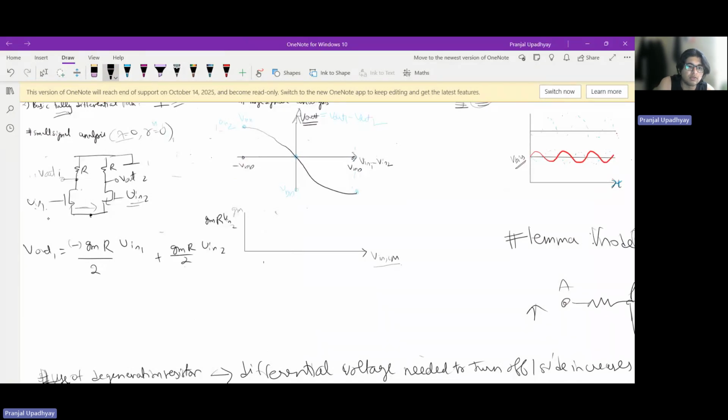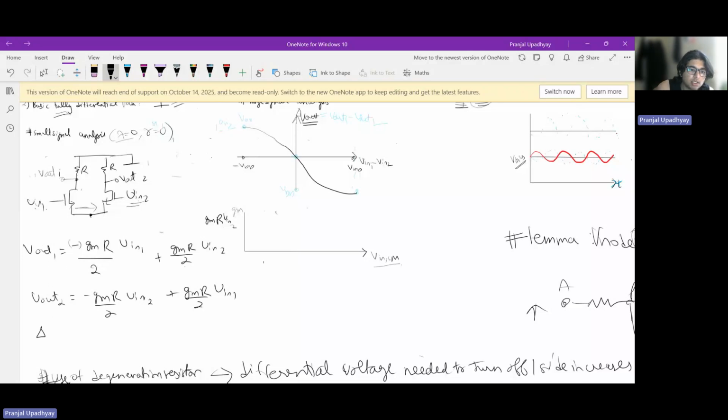So again, intuitively we can say that when I'm trying to check for Vout2, it will be a similar scenario. So what I'll have is minus gmR by 2 Vin2, and I'll have gmR by 2 Vin1. And now, since my agenda was to find the differential gain of this guy, I'll just subtract these two signals.